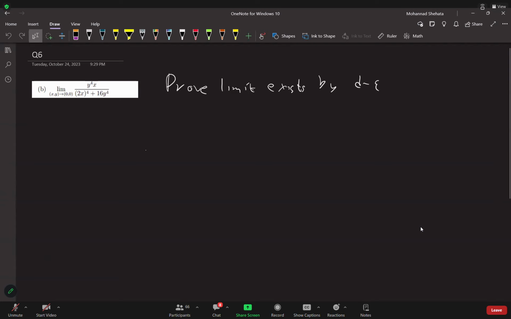Let's try proving it. Let L is equal to 0 as a guess.